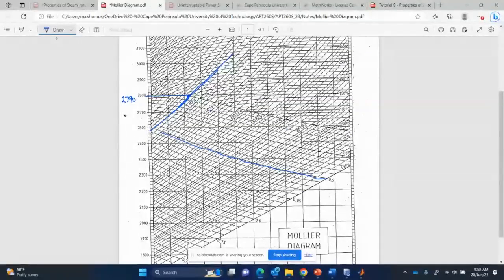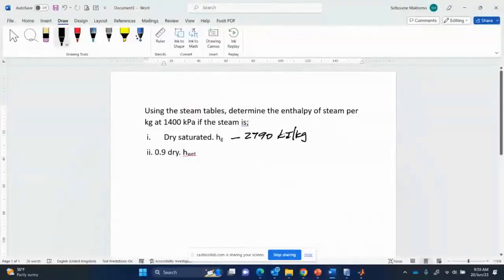You follow that line. The intersection takes place exactly at 2600. So the h wet is 2600 kilojoules per kilogram.